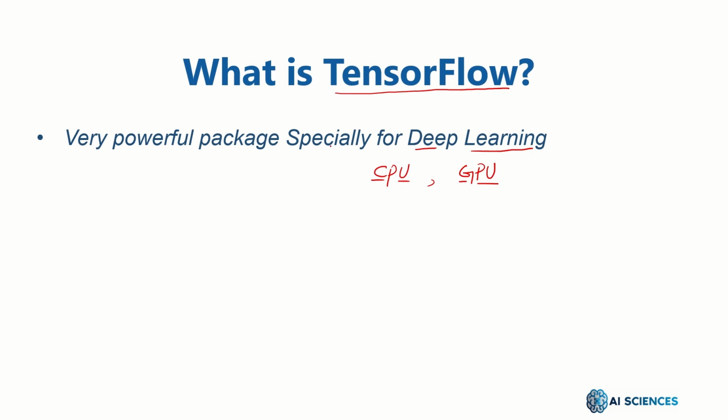I should also mention here that there are a couple of other packages as well. One very famous package is PyTorch. PyTorch, again, is a Python package and it's specially designed for deep learning. And selecting TensorFlow over PyTorch, or one over the other, is really a complicated task.